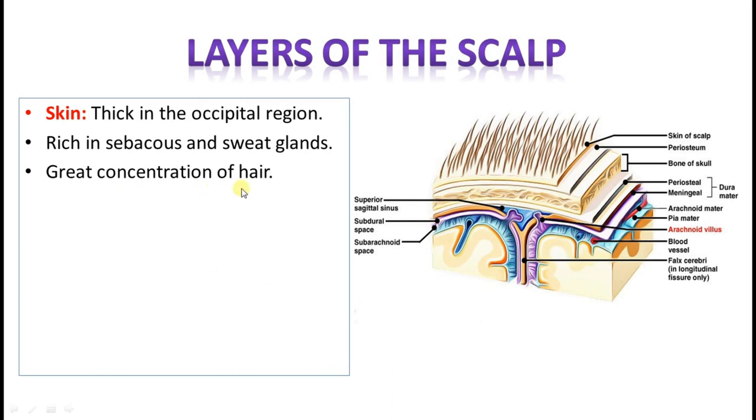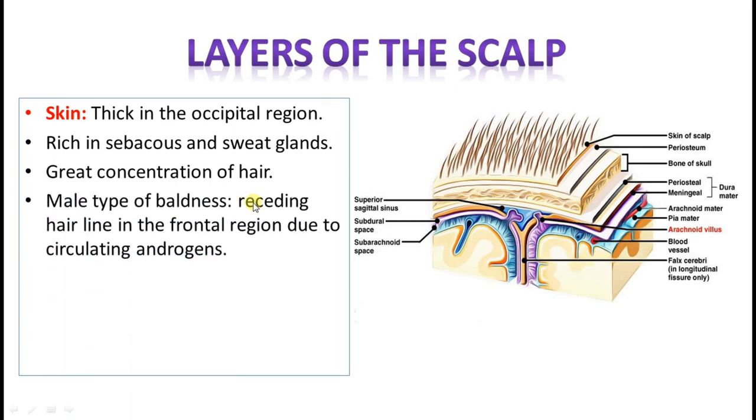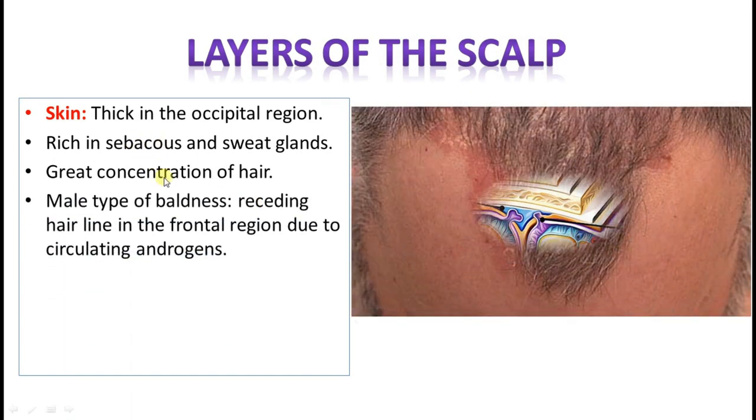So there is a great concentration of hair in the skin, and it has also got sebaceous and sweat glands. Sebaceous glands mainly lubricate your hair follicles, and the sweat glands are also present. When the ducts of these glands are blocked, it is called a sebaceous cyst.